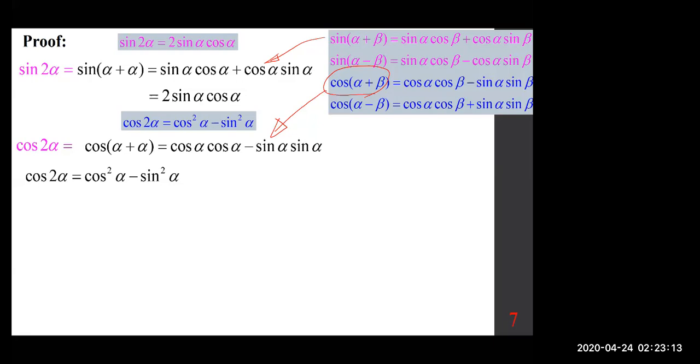Now, if we replace the cosine squared with 1 minus sine squared, I hope you see that it gives you 1 minus 2 sine squared.